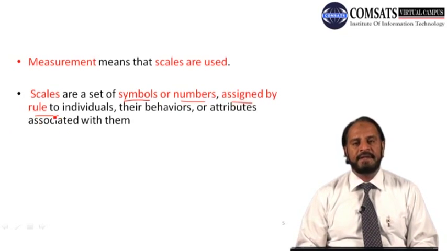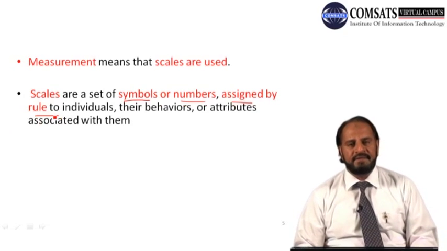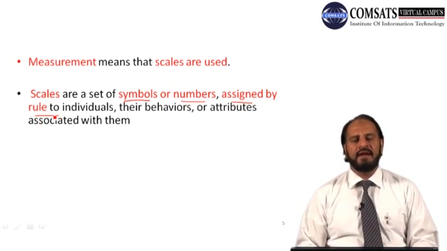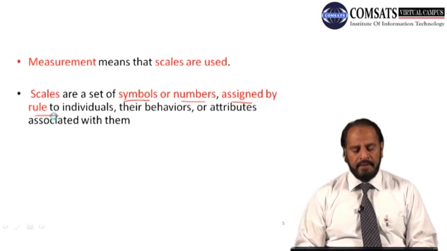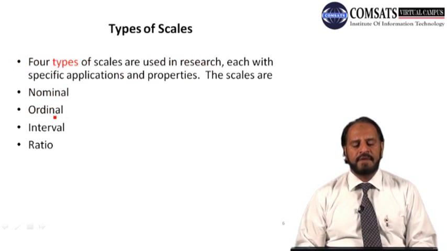To synthesize the definition, scales are the numbers or symbols assigned to certain variables according to a certain set of rules. There are generally 4 types of scales: nominal, ordinal, interval, and ratio scale. We are going to go into detail on these scales.